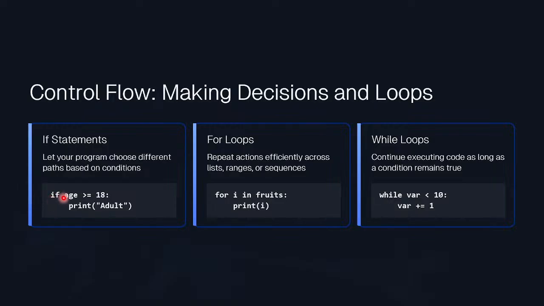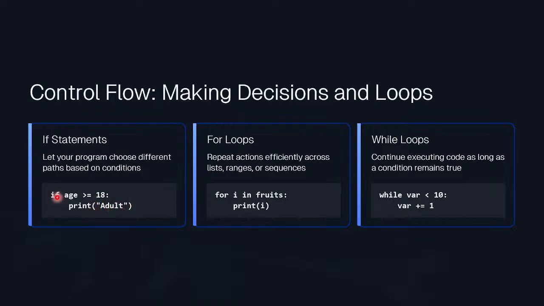Here, if age is greater than or equal to 18, then print adult. Print basically is a statement that prints anything. Like if I write print hello world, the output will be hello world. If I write print adult, the output will be adult. We'll be seeing all of this in a Python environment.